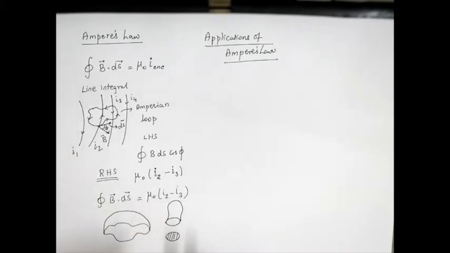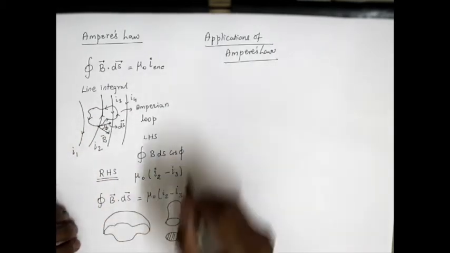It is very similar in spirit to Gauss's law. Gauss's law was said to be much more general law than Coulomb's law. Similarly, Ampere's law is a much more general law as compared to Biot-Savart's law. So let us see the applications.